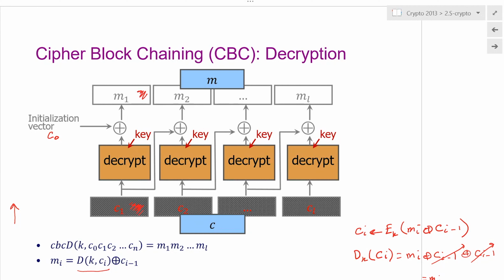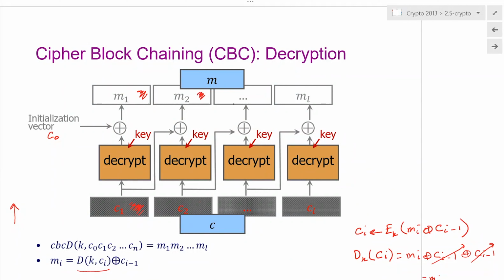So of course we would miss some of the bits of M1, or at least we would get them wrong. Since C1 also has to do with the decryption of M2, unfortunately that also affects some of the bits of M2.